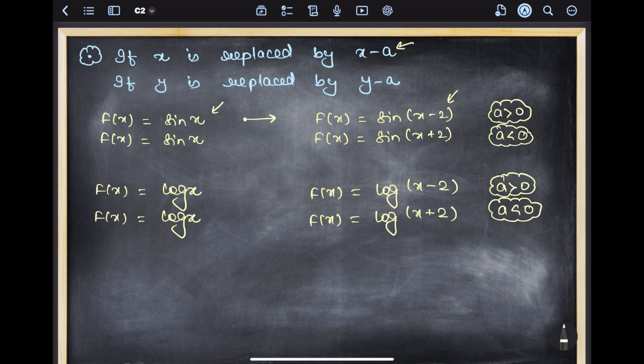Now look at this. In this case, if you want to get 0, you should put x as 1, correct? If you will put x as 1, your graph will reflect 0. I feel that to create 1 over here, we have to put x as 3. Means in this case also graph will shift towards positive direction of x-axis.